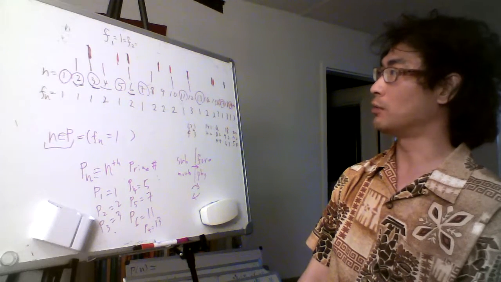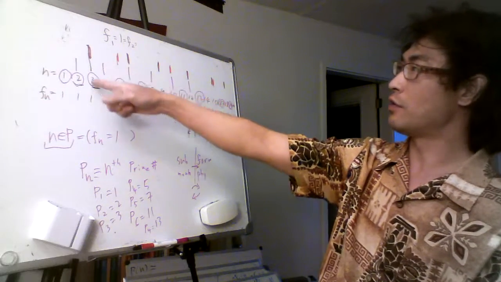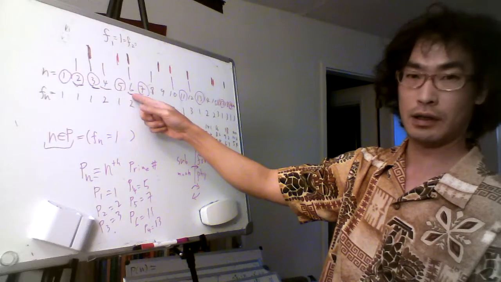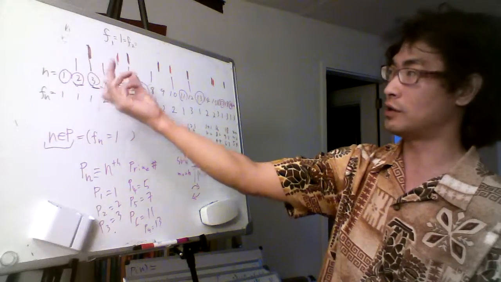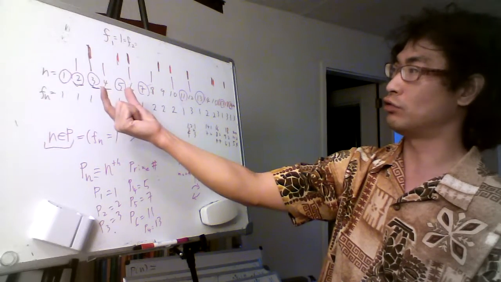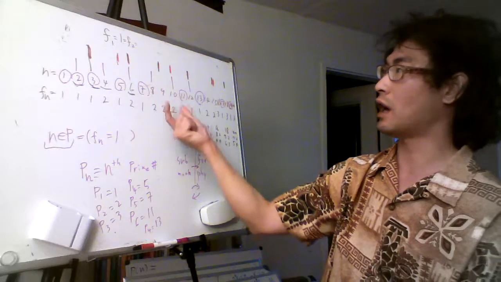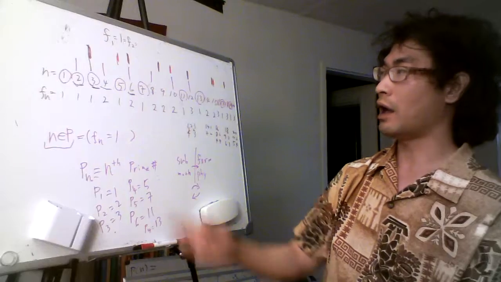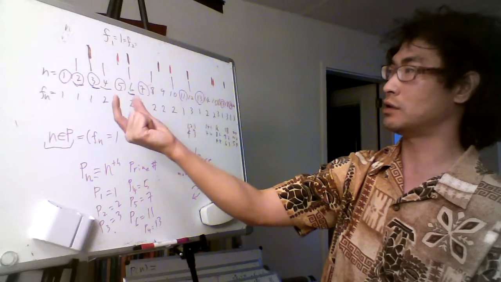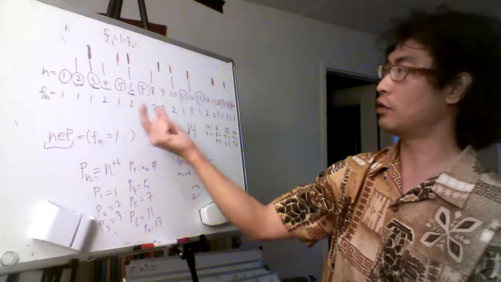There will be a common multiple. So we have a ruler of 3, where one unit of this ruler is 3, so it's 3, 6, 9. Below that we have a ruler whose unit is 2: 2, 4, 6.